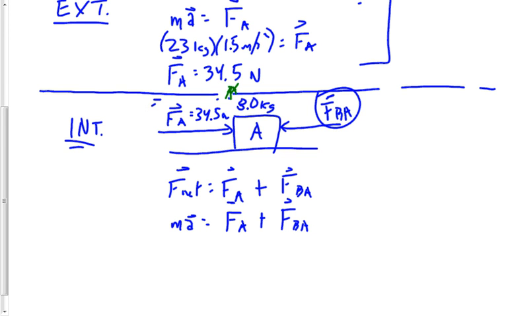Mass is 8 kilograms. We're not using the entire mass, because we're only analyzing one object within the system. The acceleration was 1.5. If the whole thing accelerates at 1.5, then every box within it also accelerates at 1.5, including object A.